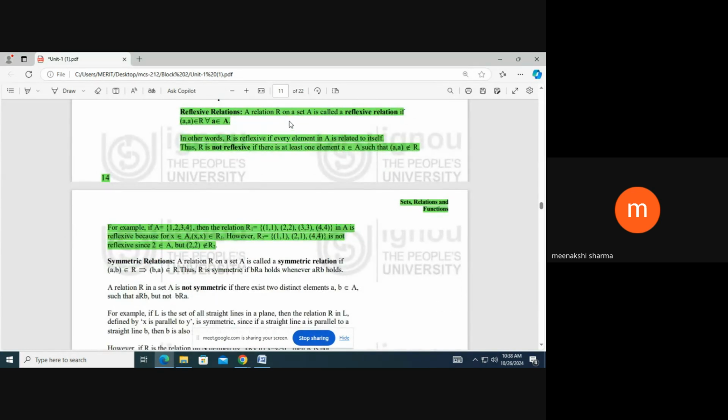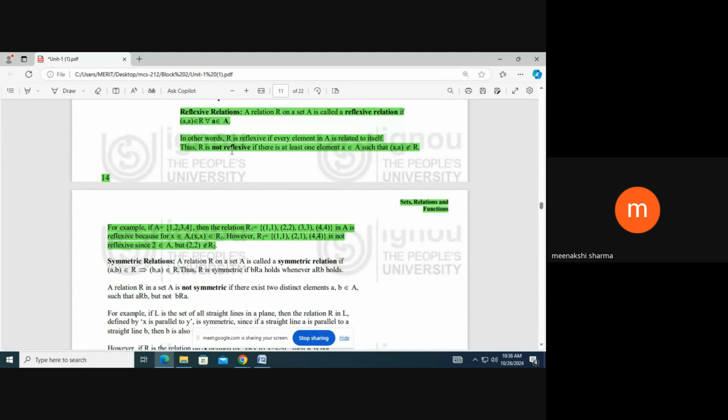A relation R on a set A is called a reflexive relation if (a, a) belongs to R for every a belonging to A. A reflexive relation means both sides have the same element.